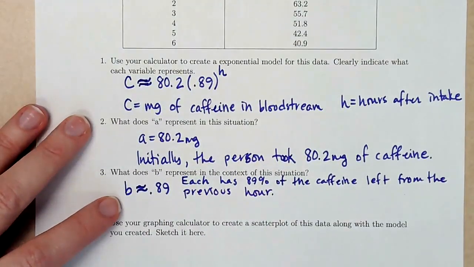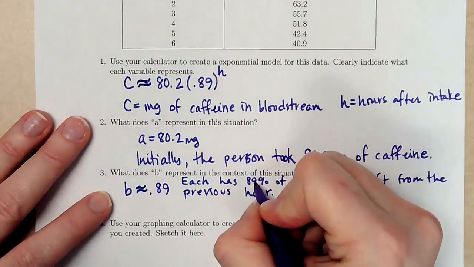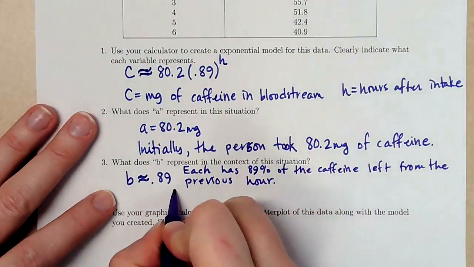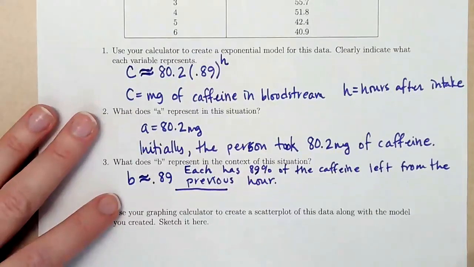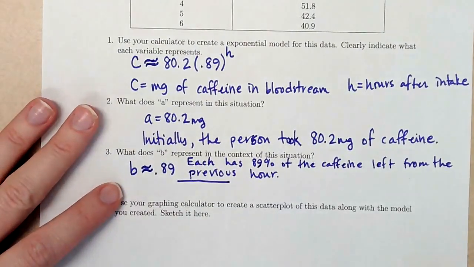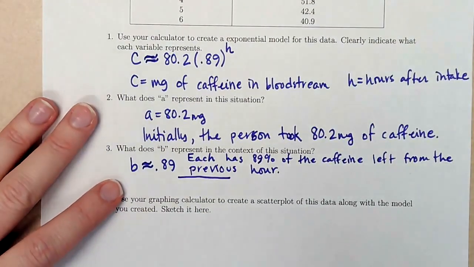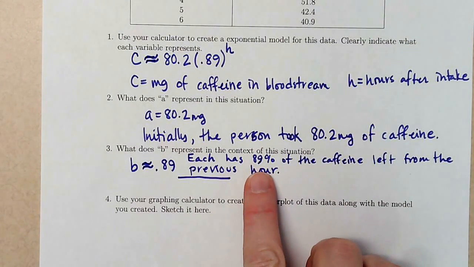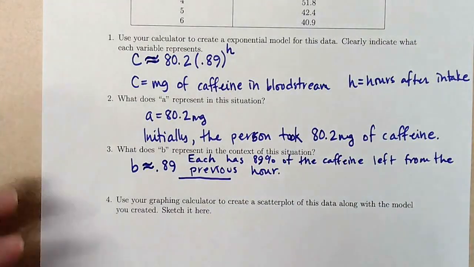Okay, so each hour that passes, you only have 89% of what was before. That means there's a certain amount being eliminated or metabolized. And how much is the difference between that and 100%? 11%.